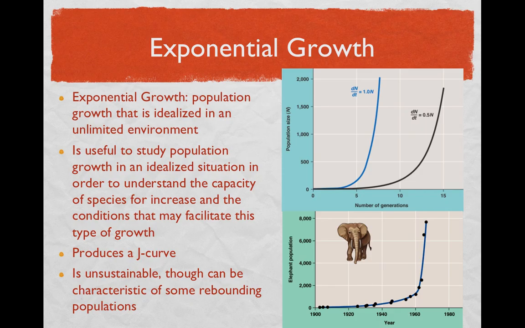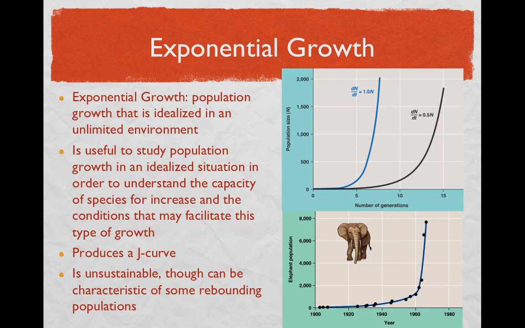They've got all the resources, food, water, shelter, mates, that they could ever need. And we study populations going through this exponential growth to understand the capacity for those species to increase. What are the conditions that are going to facilitate this type of growth? Because when they're absent, we can then start to look at what happens.